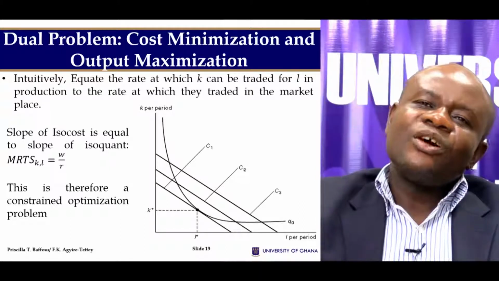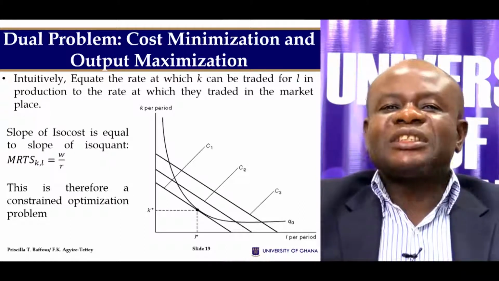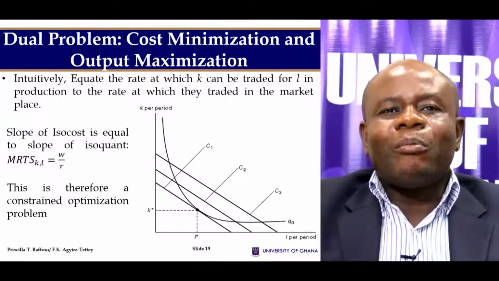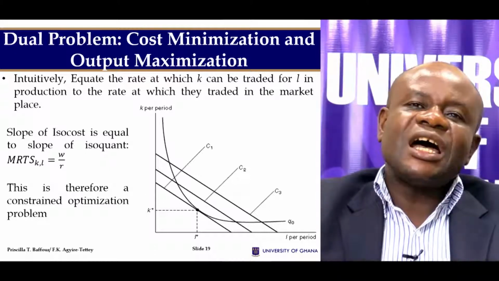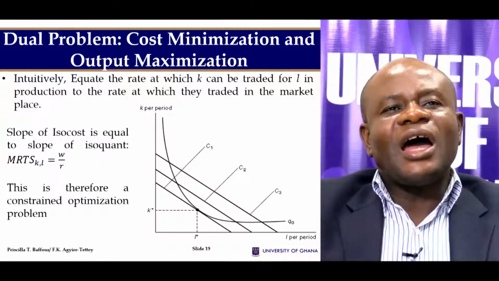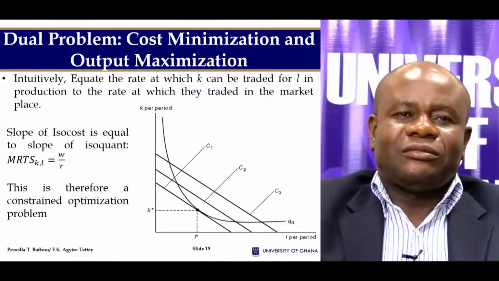So over here, we are trying to measure the slope of the isoquant at a particular point. So we look for where the isocost is tangential to the isoquant, and at that point, the slope of the isoquant is the same as the slope of the isocost.